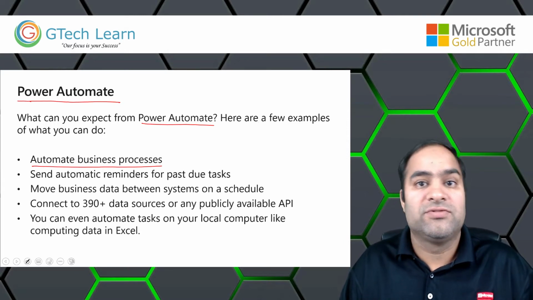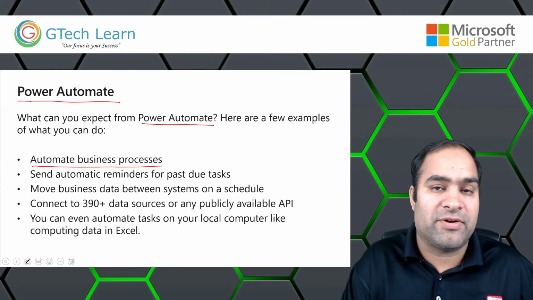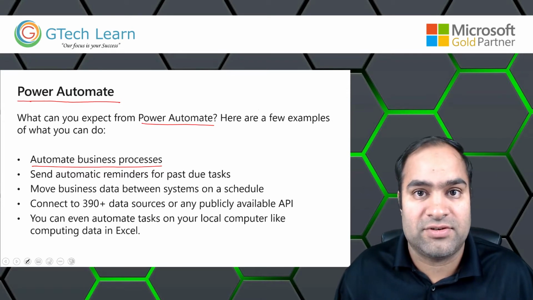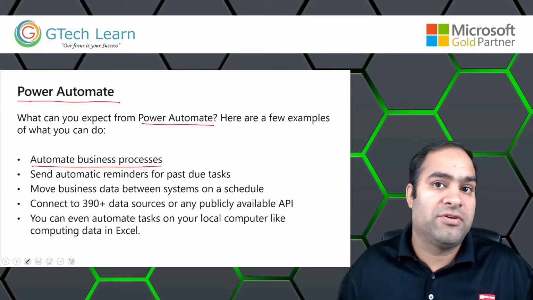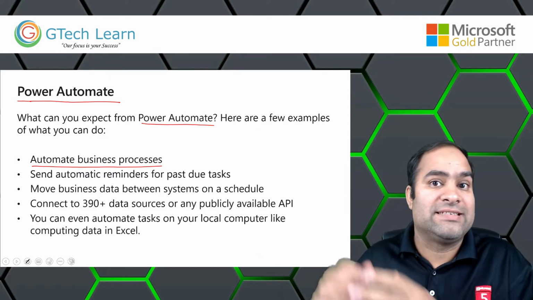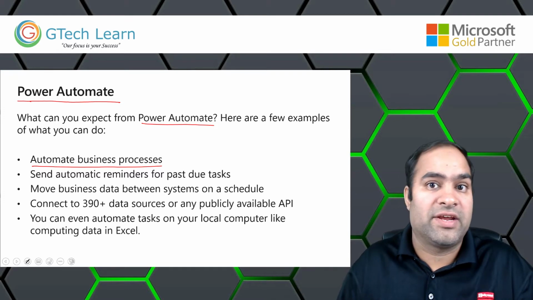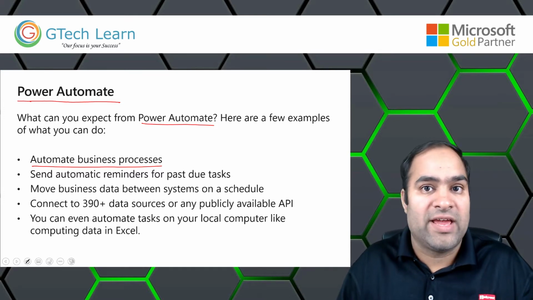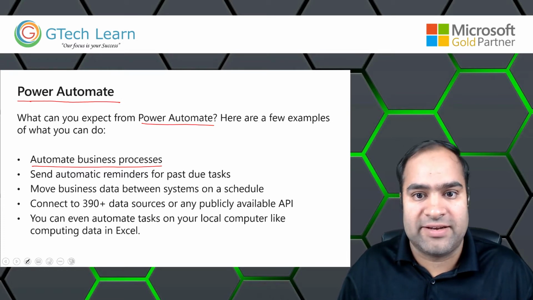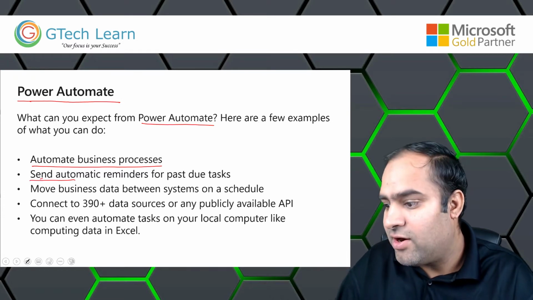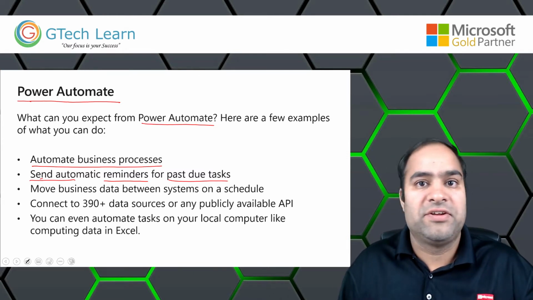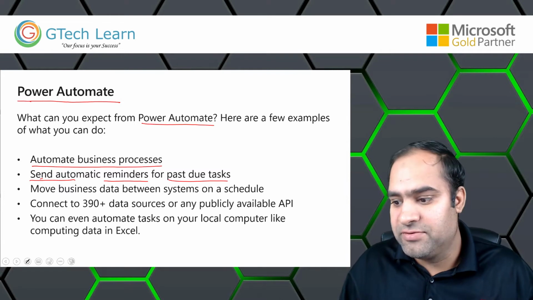Depending on the use case, it could be your marketing process automation, your sales process automation, your RPA, robotic process automation. You might want to talk about order processing from an ERP system, or you have some third-party services, want some trigger-based commands and would like to perform further actions. It can also send automatic reminders for your past due tasks. Whatever you have, these are some great use case examples.